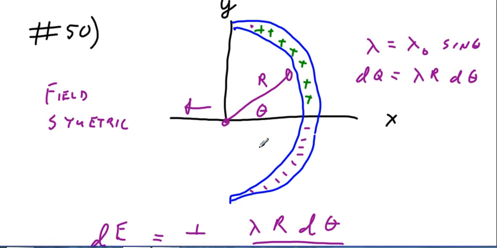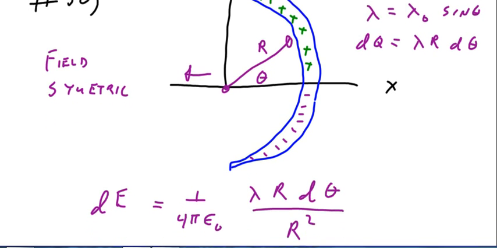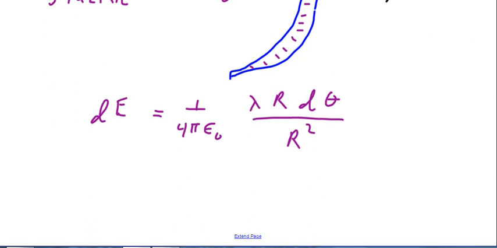Because I'm going positive to negative, positive to negative, we're only going to have a vertical component to what we're doing. So this equation is for the vertical component.